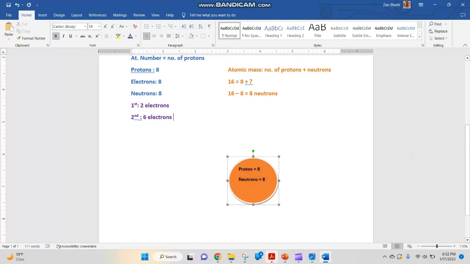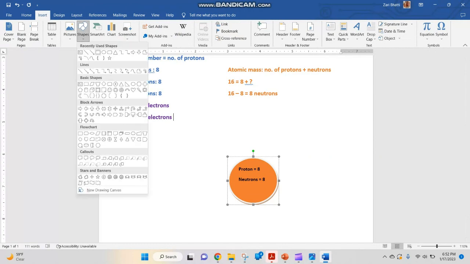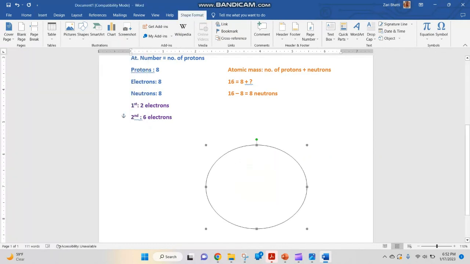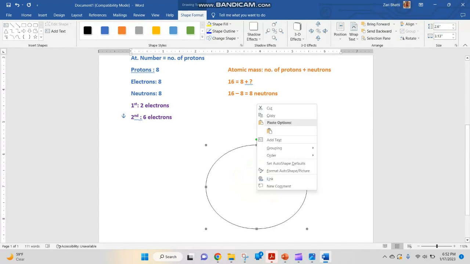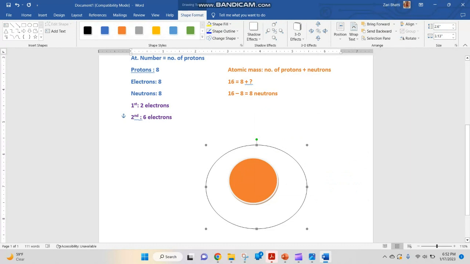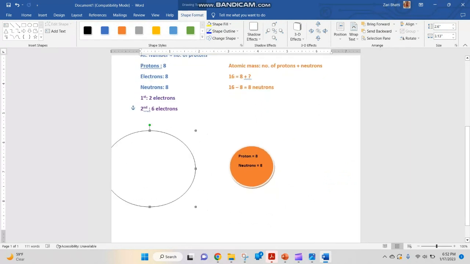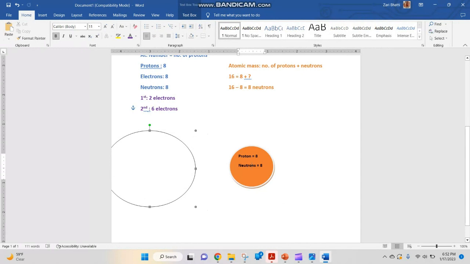Now we need to draw the first shell. Drawing the first shell, here we have the first shell, which is next to the nucleus. Let's send it backward. I'm just going to do this to explain how we are going to do this. One minute. Let me just bring the text box to the front as well.